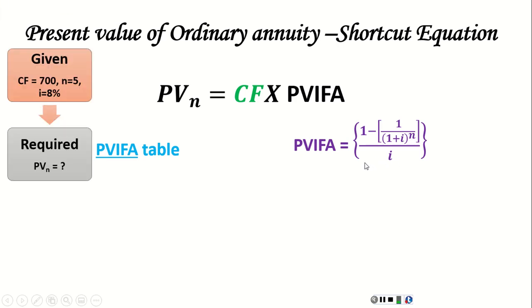In our exercise, we have a cash flow of 700 expected to be paid annually over the next 5 years, and we will discount 700 at 8%. So we can go to the table to find the present value interest factor for annuity discounted at 8% over 5 years.